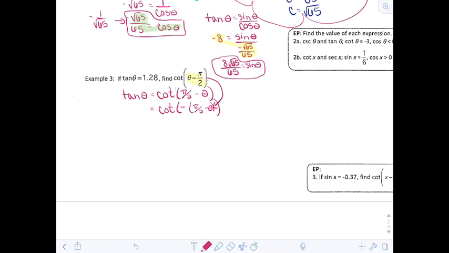If I reverse the order of subtraction, then I'm going to have to make this theta, or inside there, negative. So the tangent of theta, I know the trig identity says the tangent is equal to the cotangent of pi over 2 minus theta, but it wasn't set up how I needed it. So if I reverse and say cotangent of negative pi over 2 minus theta, reversing what I have up here, this is the use of the even-odd identity.